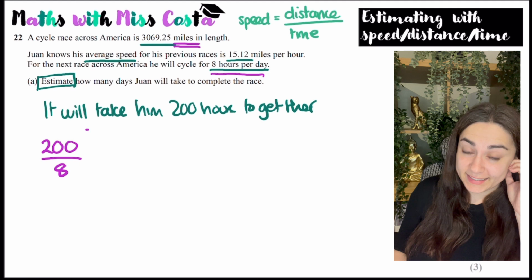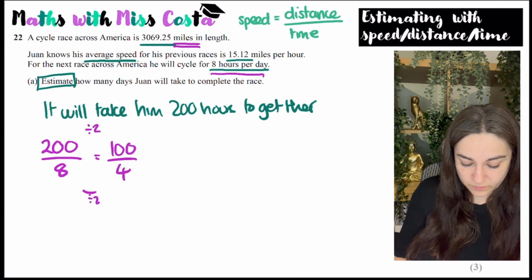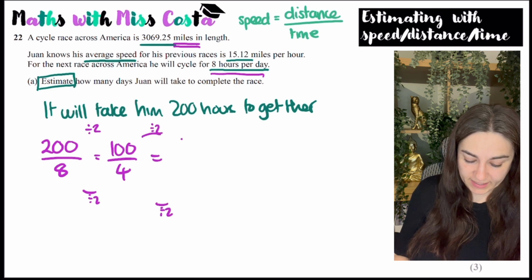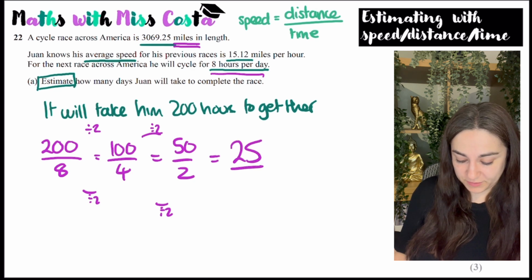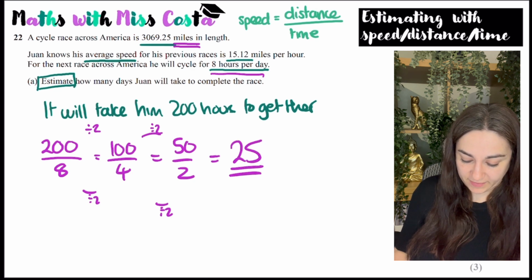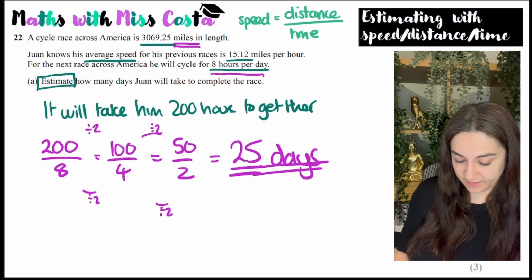So once again, I can simplify this. Let's start by dividing it by 2. So that's 100 divided by 4. And then divide by 2 again. So that would give me 50 divided by 2. You could divide by 2 again, but that would just take you to 25. So that would take Juan 25 days to complete the race.